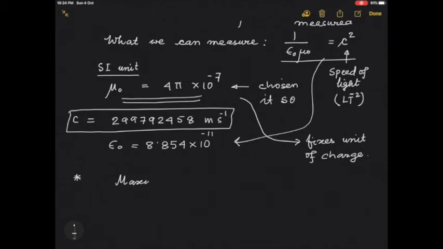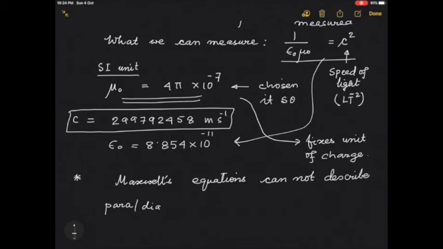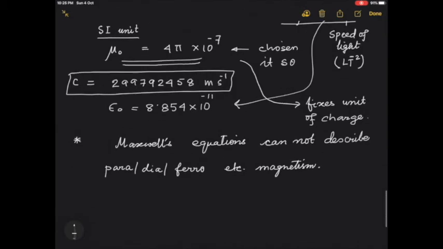Maxwell's equations cannot describe para, dia, ferro, etc. magnetism. All these natural magnetism that we see are quantum phenomena. They cannot be described using any classical phenomena.